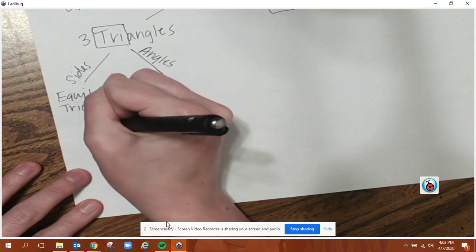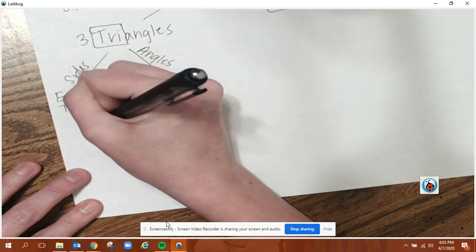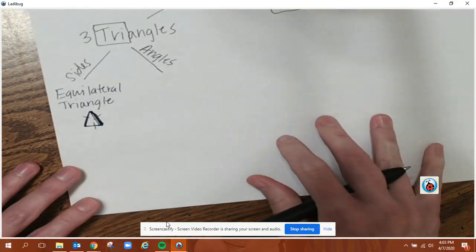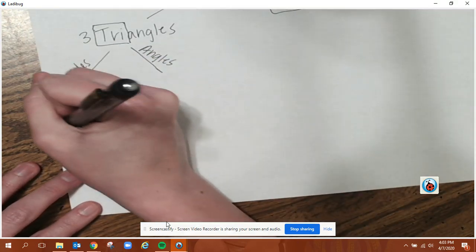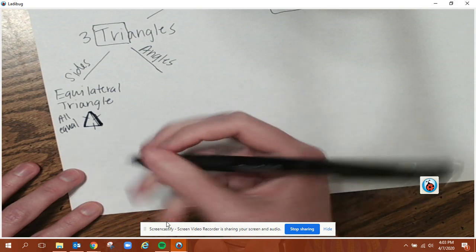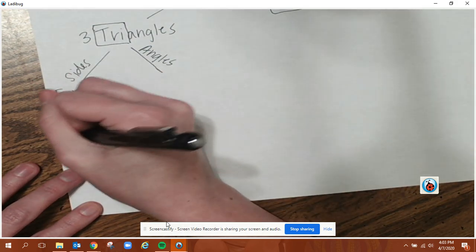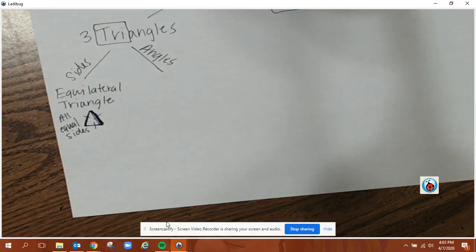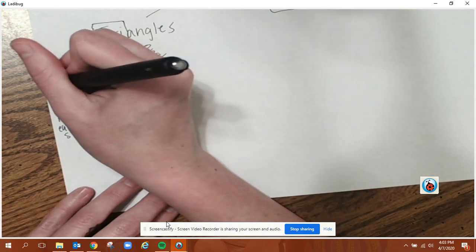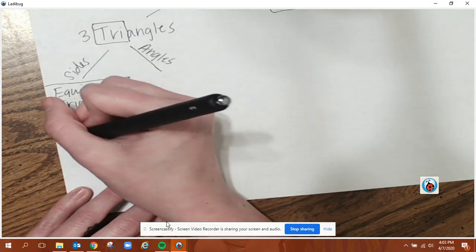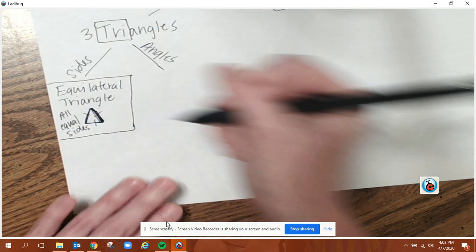And my triangle is not the best triangle, but they're all equal sides, okay? And if you need to, you can Google search equilateral triangles, and it will give you a perfect picture, unlike Ms. McAdams' picture, okay? So that's our first triangle we can talk about, equilateral triangles, meaning that all the sides of the triangle are equal, okay?